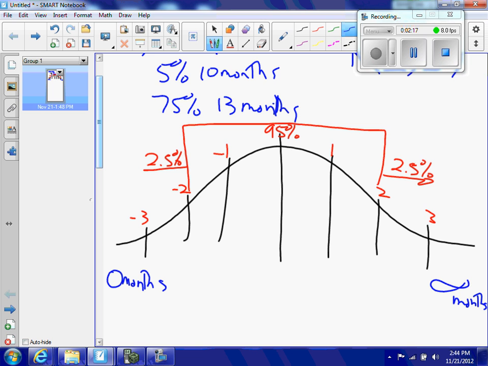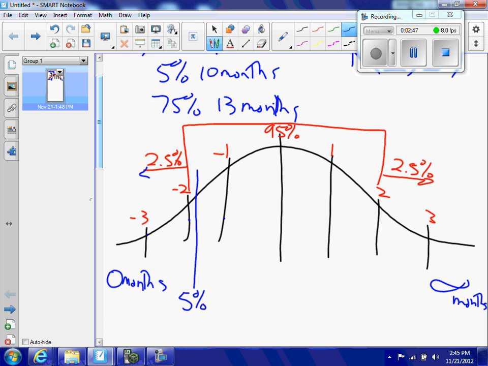Well, I know that 2.5% of my data covers all that. So my line for 10 months is going to be somewhere between the first and the second standard deviation. This is going to be 5%. From the third to the second only encompasses 2.5, so somewhere between the second and the first is going to be 5%.